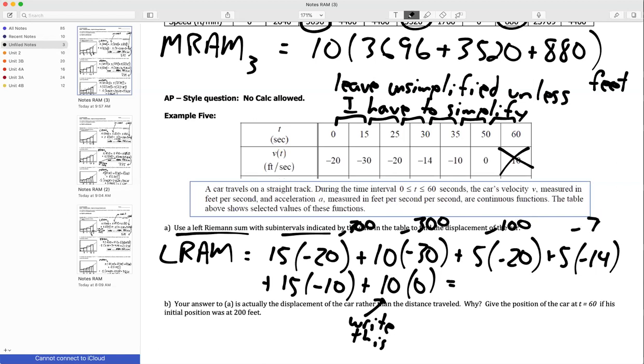And that's -70, and -150, and 0. So that's -770 minus 150. So you should get -920 for the displacement.